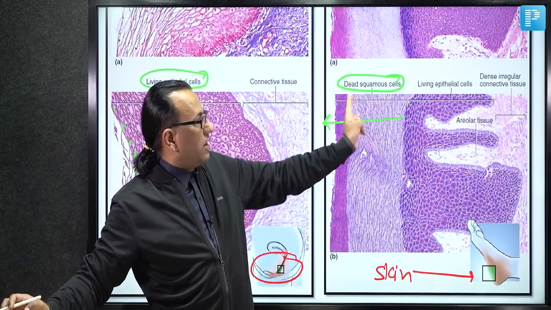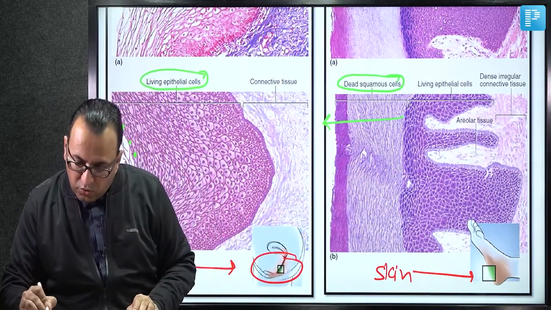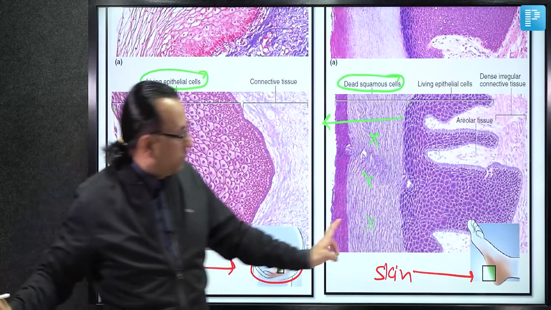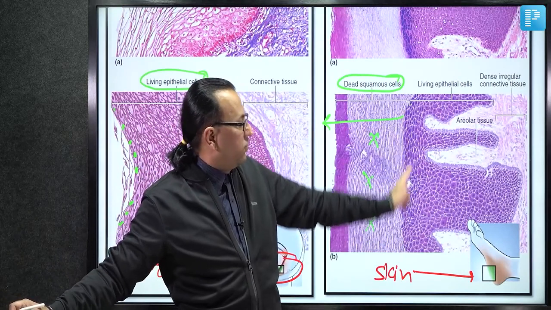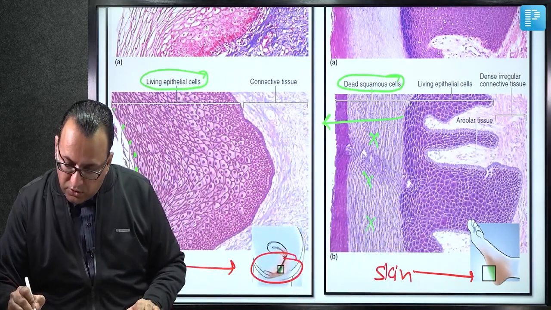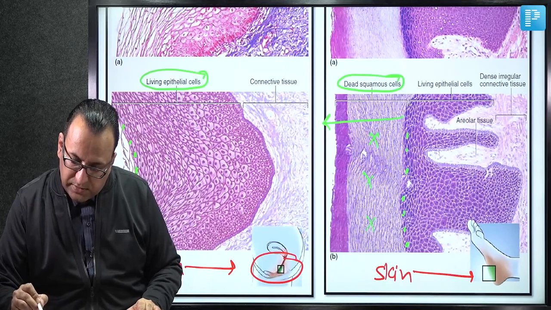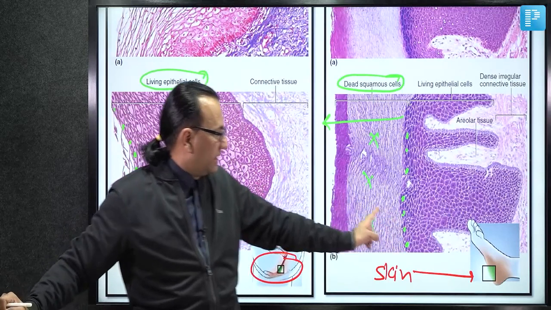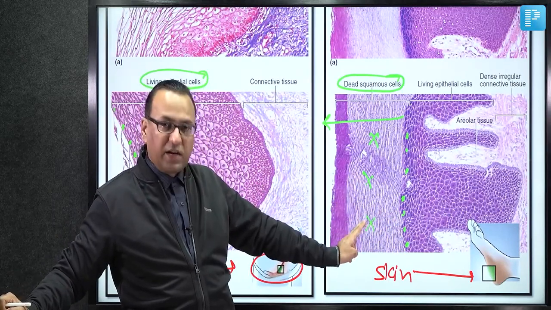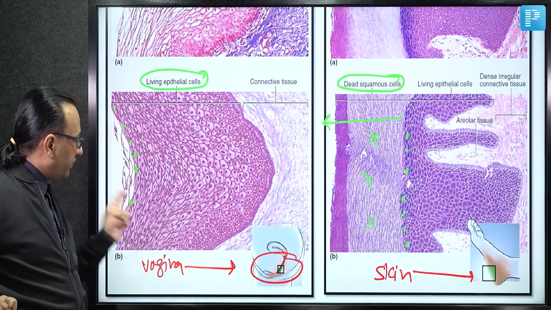The cells towards the surface of the skin are dead and there are no nuclei at this level. If you want to search for nuclei, they are at the deeper level. These cells will have the nuclei. So as is evident, nuclei are present in the superficial layers of the vaginal epithelium, but in the skin there is a layer of desquamated dead cells as well. So this is keratinized stratified squamous epithelium, and this is non-keratinized stratified squamous epithelium.